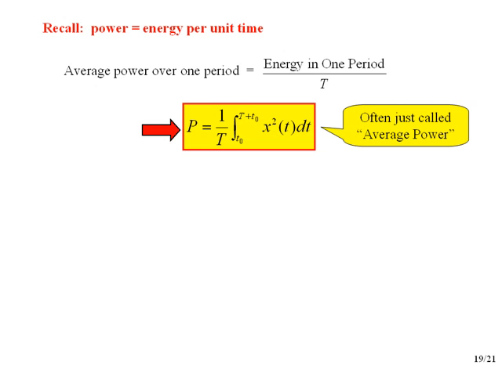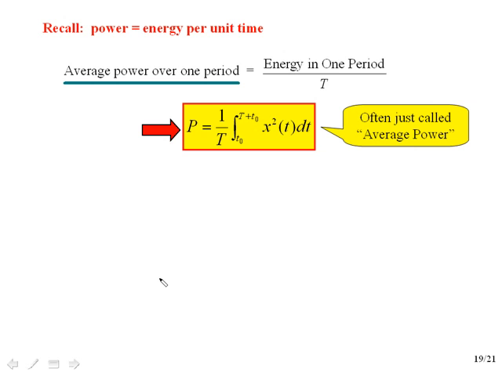Okay, again, remember that power is equal to energy per unit time. So if we want to know what our average power over one period is, we would take the total energy in one period and divide it by the amount of time.